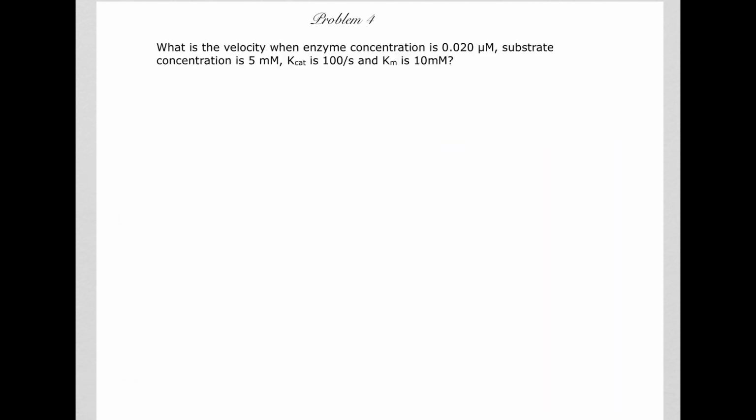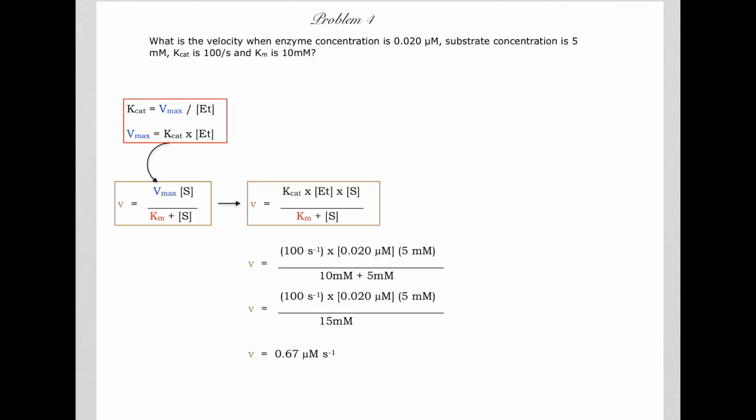Problem number 4, what is the velocity when the enzyme concentration is 0.020 micromolar, substrate concentration is 5 millimolar, kcat is 100 per second, and Km is 10 millimolar? So we saw in an earlier video kcat, the turnover number, is equal to Vmax divided by the concentration of enzyme ET.